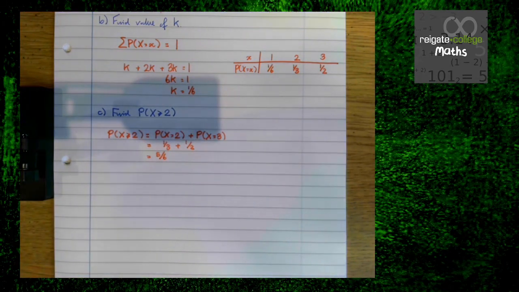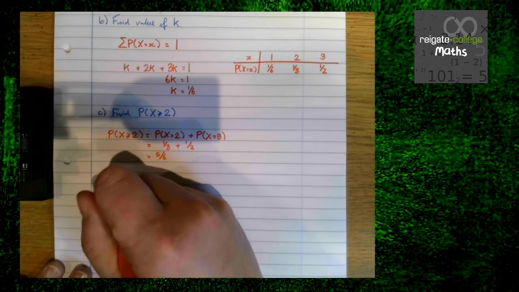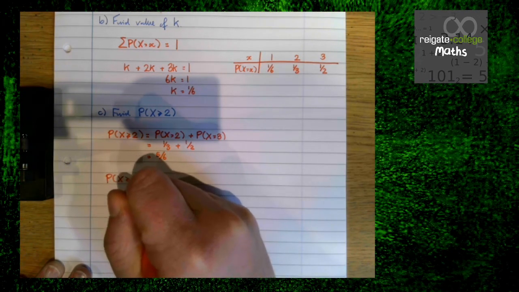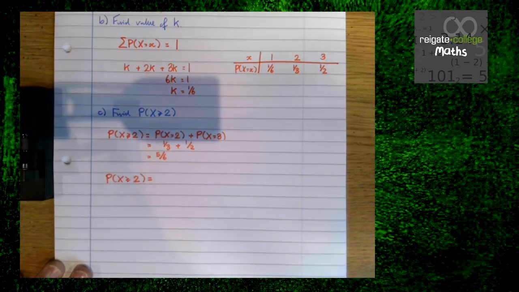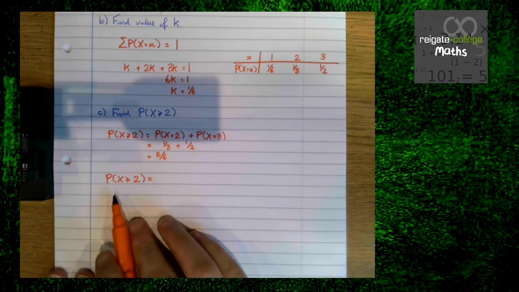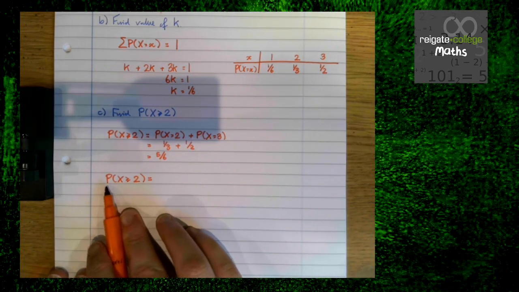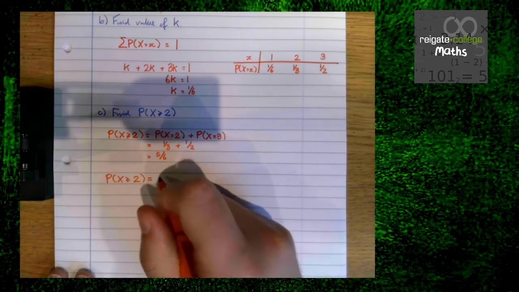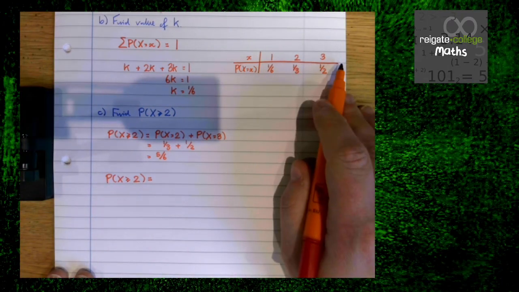Now this method is fine for this example, because we don't have many outcomes. But with a bigger table, this could become quite onerous to do, and could take a long time. So we know that the probability that x is greater than or equal to 2, we've only got 3 outcomes.